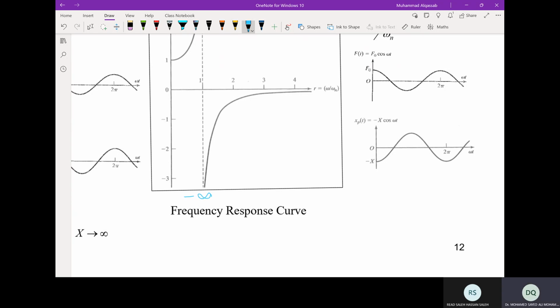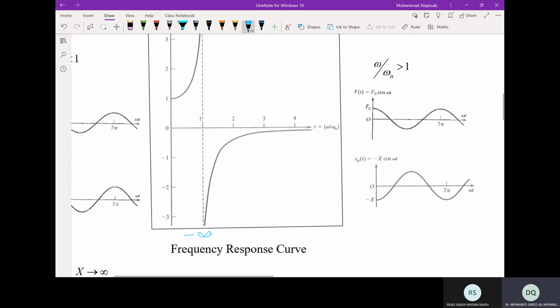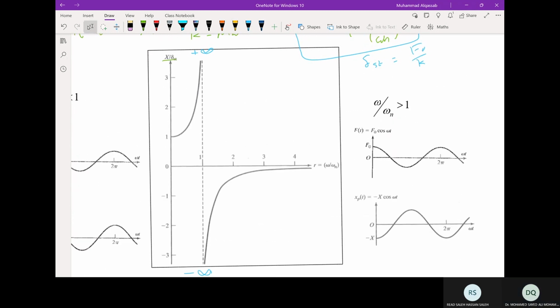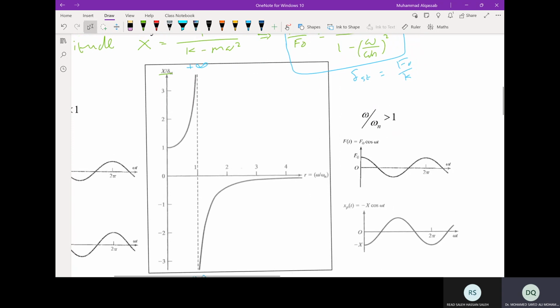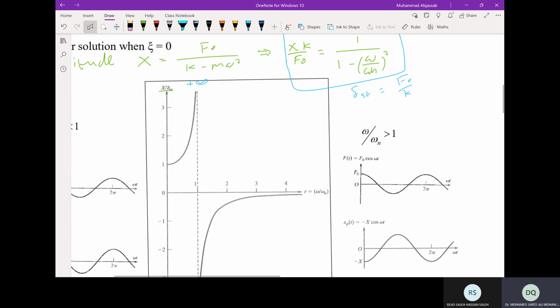So working in the region of resonance causes very large amplitude that comes from plus infinity to minus infinity, which puts load on the spring that will break in very short time.